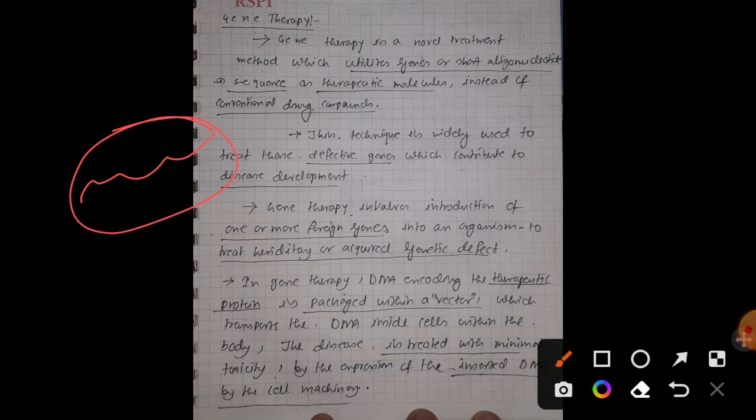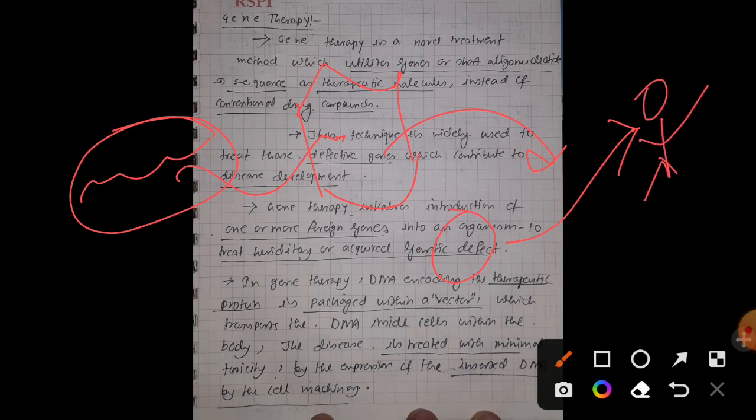So how can we use those kinds of DNA? First of all, we will pack them in a vector, which in most cases is a retrovirus vector. Although it is not a harmful retrovirus, it is a modified retrovirus. Now this retrovirus will be transferred to the cell, and those cells will be transferred to the body, or in some cases this retrovirus is directly transferred to the body.